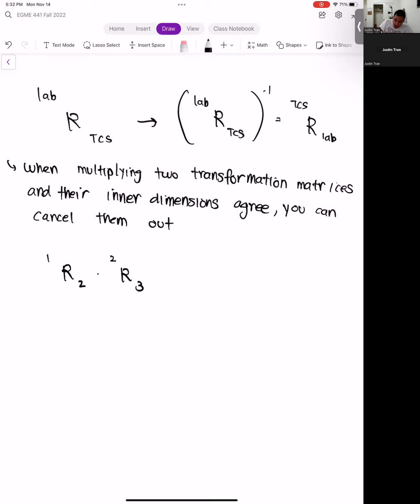For the first matrix we have 2 on the right side, and for the second matrix we have 2 on the left side, so the two inner dimensions agree. When you multiply these two matrices, that inner dimension cancels out, and you end up with a transformation matrix solely of the outer dimensions.